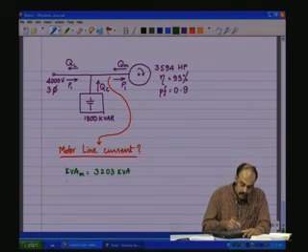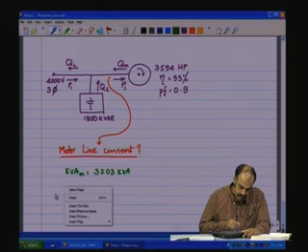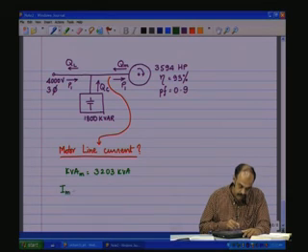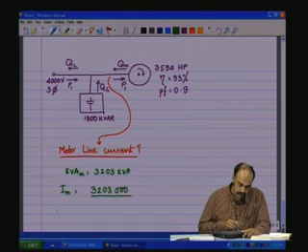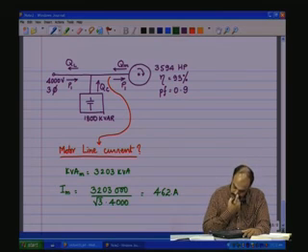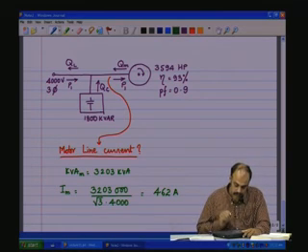The motor current IM will be 3203 kVA divided by root 3 times the same line voltage of 4000 volts, and that would be 462 amps.